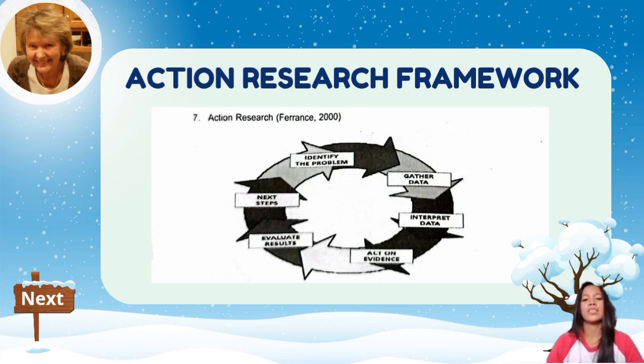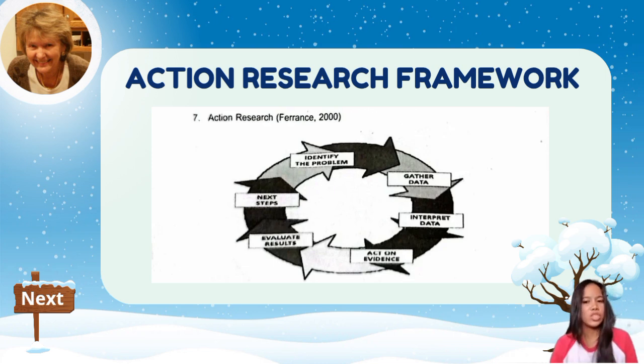So this begins with identifying a problem that needs improvement, such as teaching or learning issues. After identifying the problem, the researcher then gathers relevant data to better understand the situation. The collected data is then interpreted to determine possible solutions. Based on the evidence, the researcher acts on findings by implementing a strategy or intervention.